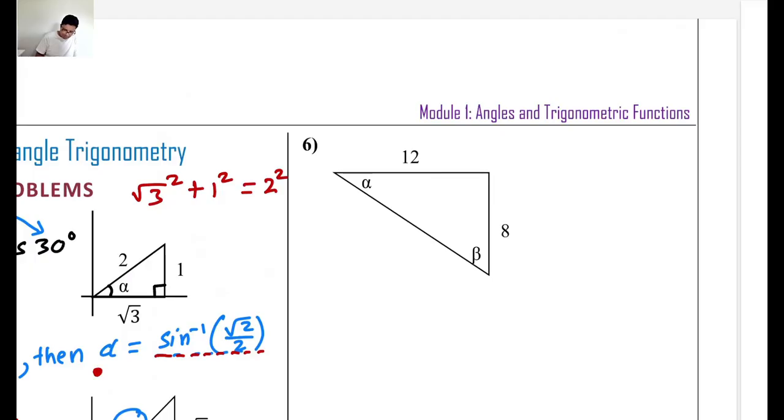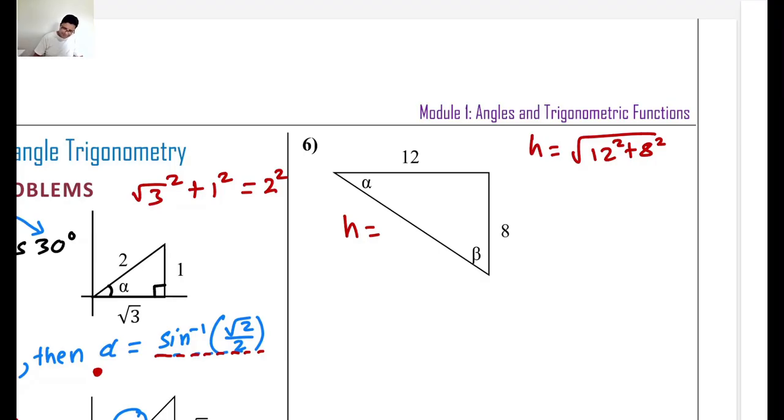The hypotenuse h will be, let me calculate it on the side first and then bring it here, under root 8 square plus 12 square. You can use the calculator for that. I'm going to simply take 4 out of it, so it will be 3 square plus 2 square, if you are interested. 12 is 4 times 3. 8 is 4 times 2.